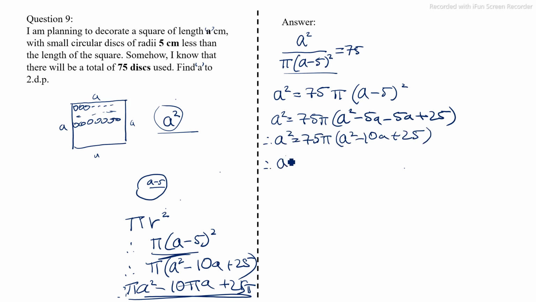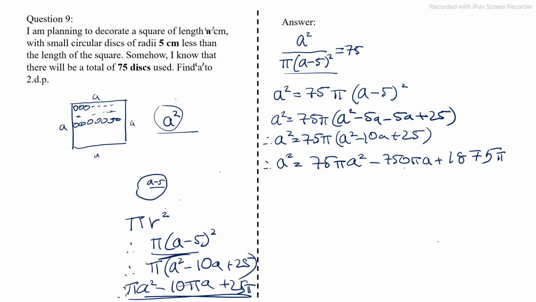And therefore, a squared equals 75 pi a squared minus 750 pi a plus 75 times 25. 75 times 25 is 1875, so 1875 pi. That's a very big number. Let's hope that does not cause any problems.